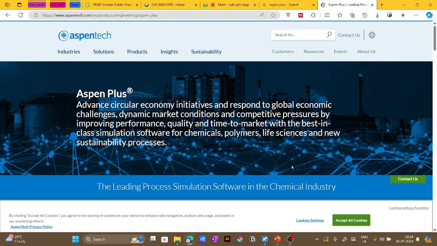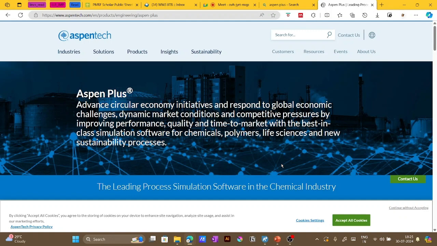I assume no. So the basic difference between Aspen Plus and Aspen HYSYS is that Aspen Plus is more oriented towards steady state operations. It is a general chemical process plant simulator, while Aspen HYSYS deals with mostly dynamic processes, which are really time dependent, and is specifically catered towards oil and gas refineries, right?